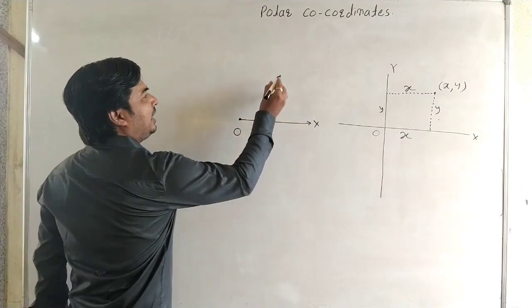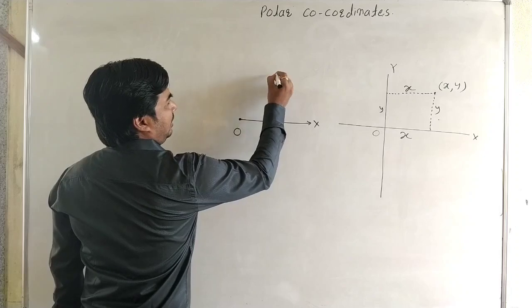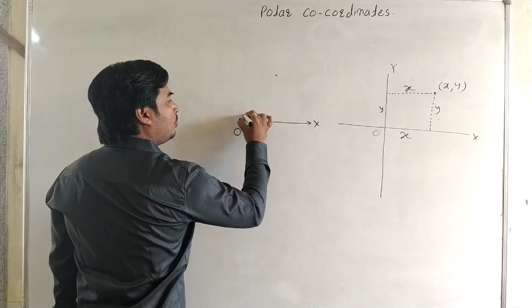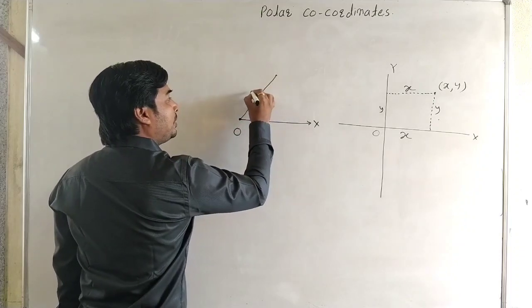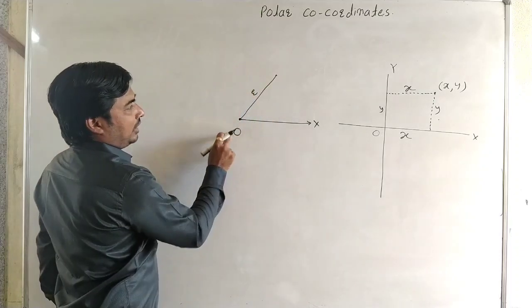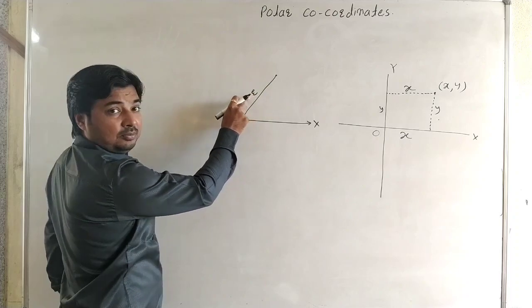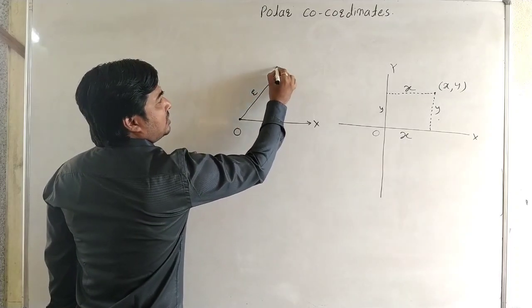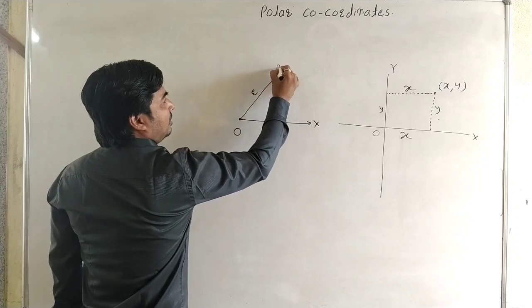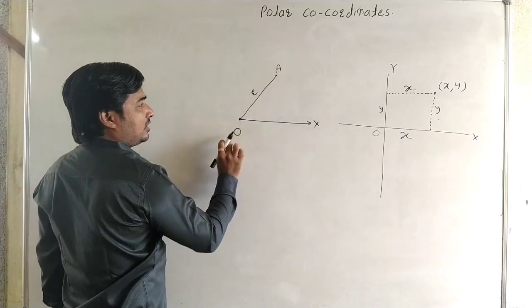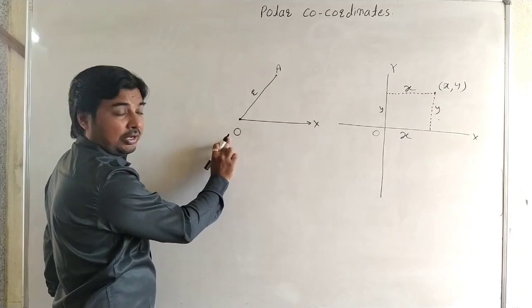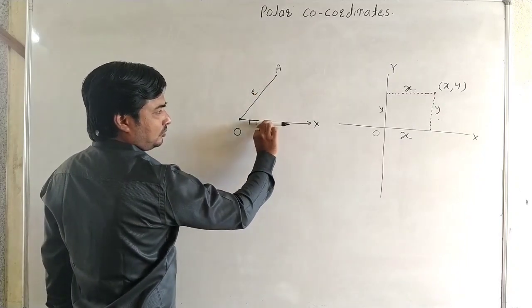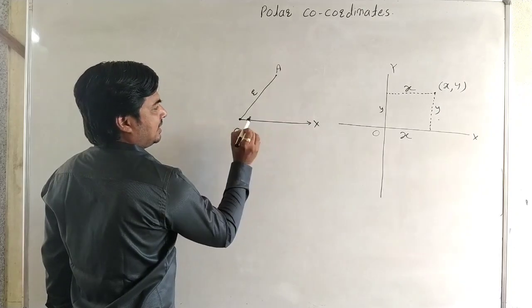Now we consider any point in a plane. Here the distance of the point from the pole, that means the distance of the point from the fixed point, is r, and we can consider it as OA. This OA, the distance of point A from the fixed point, is r, and OA makes an angle theta with the polar axis.